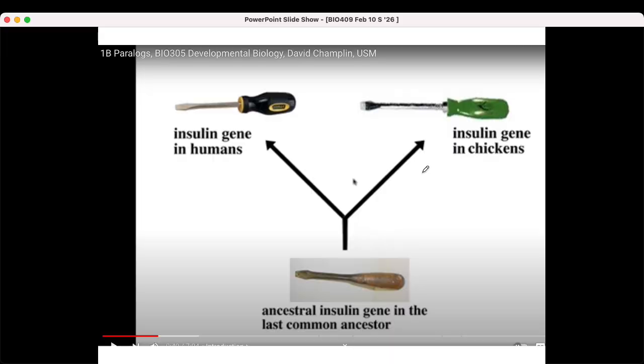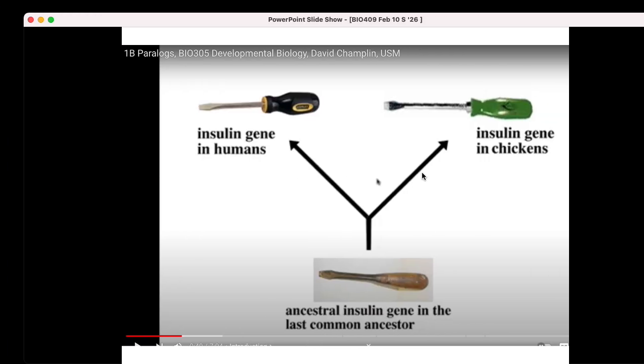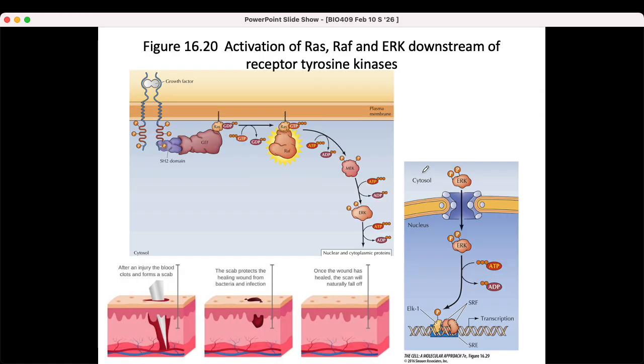And so we'll use that example a bunch. And we talked about how you could see insulin in chicken and humans. Okay, so we're used to that idea, right? Okay, so we go back here. This pathway, there are orthologs of every protein on this pathway in every vertebrate.